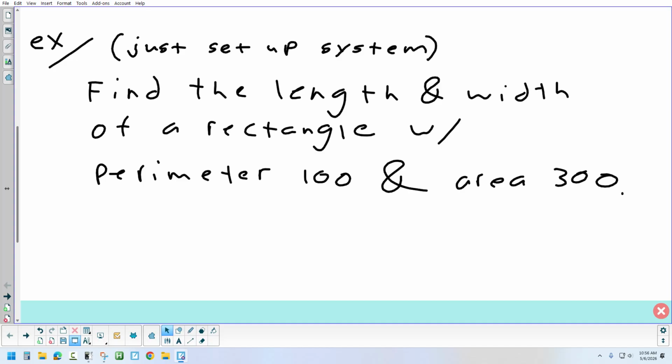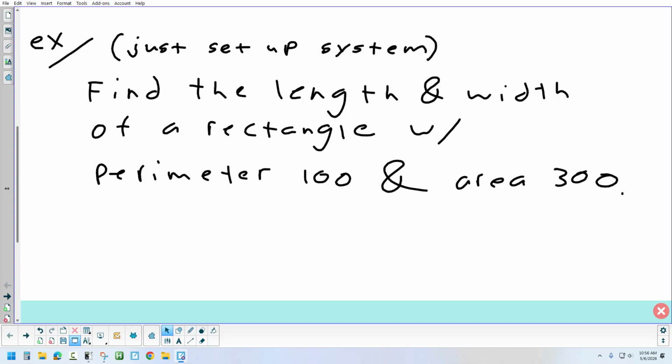Side plus side plus side plus side. That would be in general for any 4-sided shape. Can you make it specific to a rectangle? It would be like 2x plus 2y, kind of.